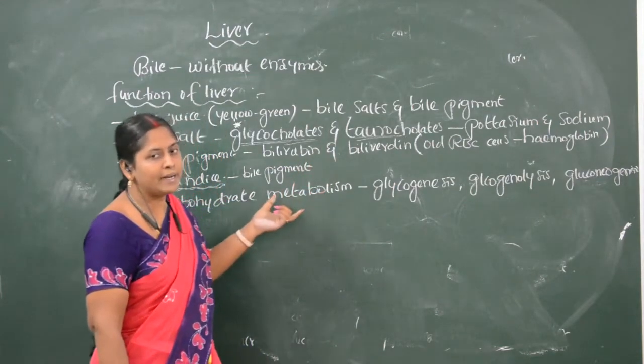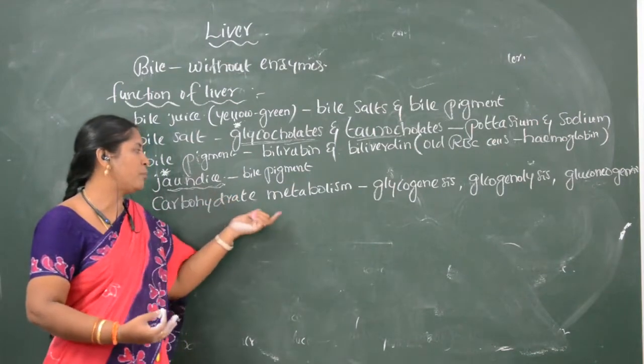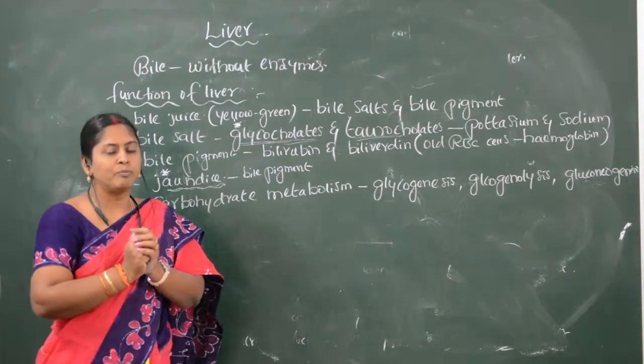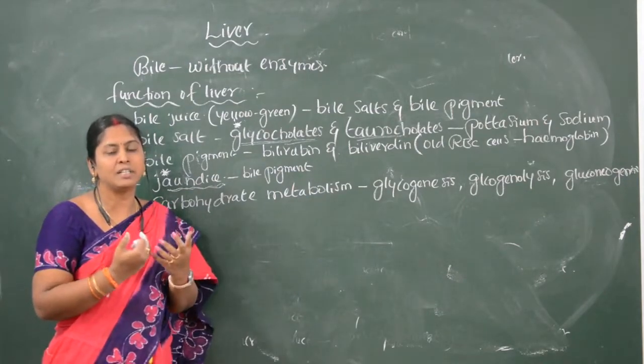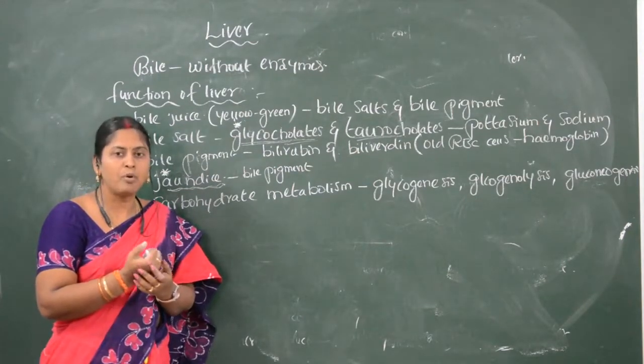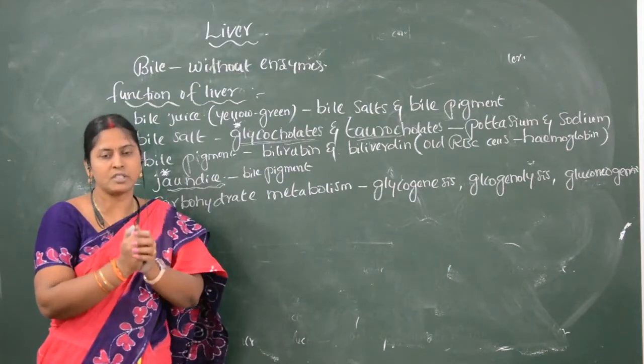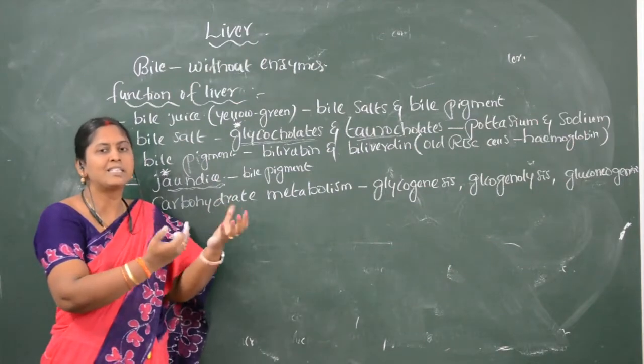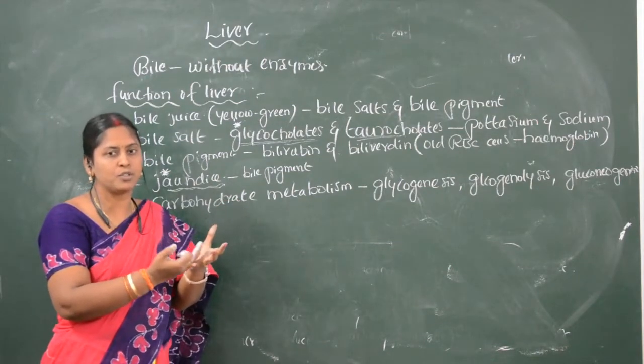What is meant by carbohydrate metabolism is when the body needs glucose. We know that carbohydrates are the energy sources. Even fat is an energy source, but fat is stored as a reserve energy store.